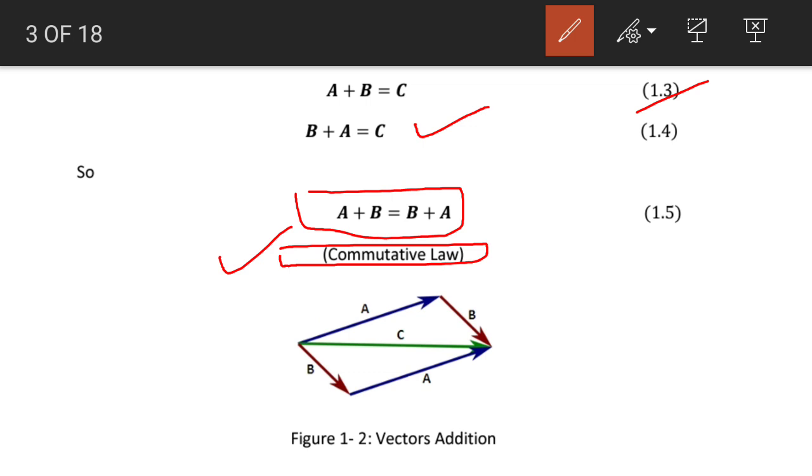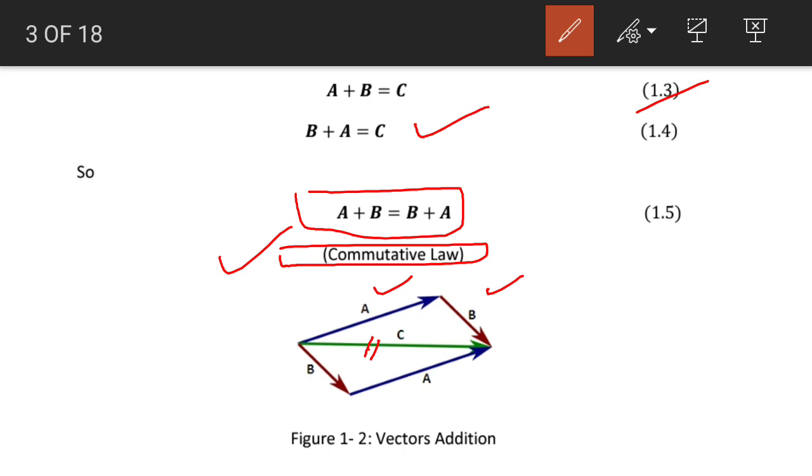The addition of two vectors obeys commutative law. So in this diagram, we add these two vectors in accordance with the head to tail rule. So we are adding vector A and B in accordance with the head to tail rule, and the addition of these two vectors results in vector C.